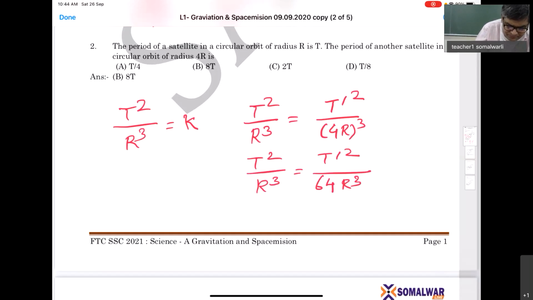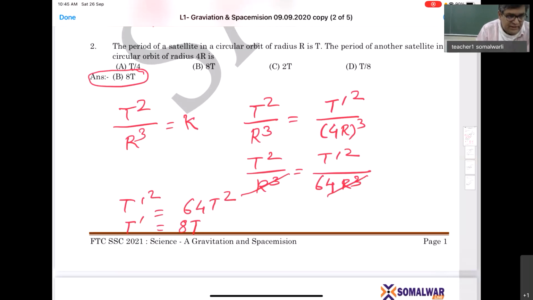Now this r cube and this r cube get cancelled, and therefore we are left with t dash square equal to 64 t square. Now if we take square root on both sides, we get t dash equal to 8t. That's why the correct answer in this case is 8t.